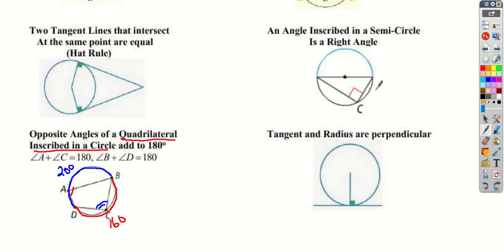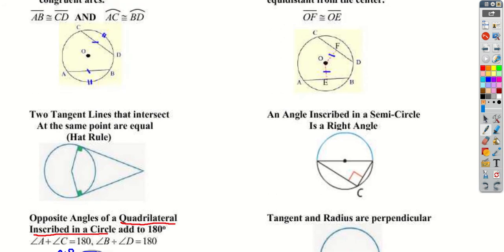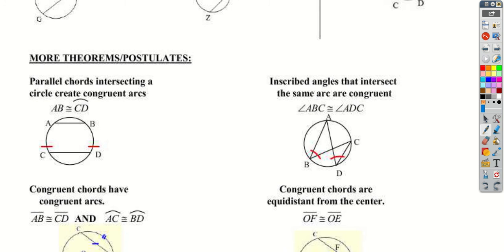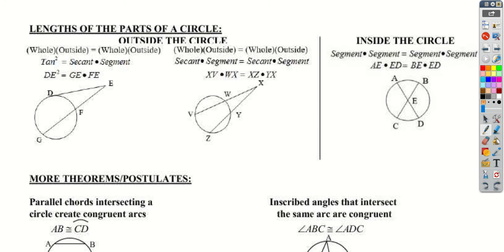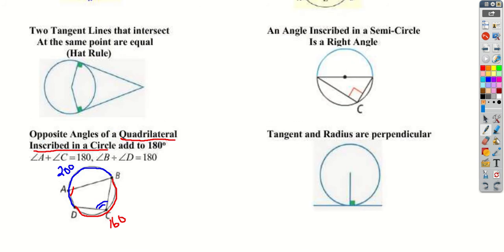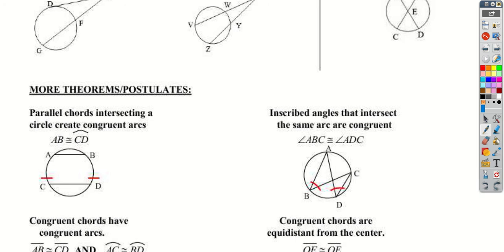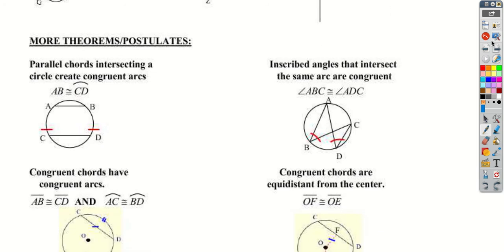Keep in mind from yesterday, we know that if we have a triangle inscribed in a semicircle here, this angle has to be 90 degrees. So if one of the sides of the triangle is a diameter, we have a 90-degree angle. Chords that are equidistant from the center are equal. And we talked about the fact that the diameter bisects the chord and is perpendicular to it.